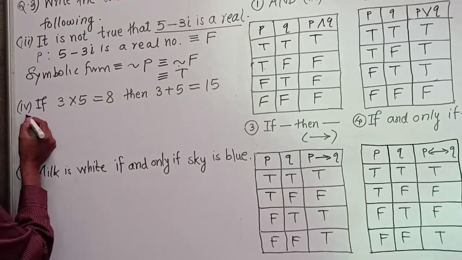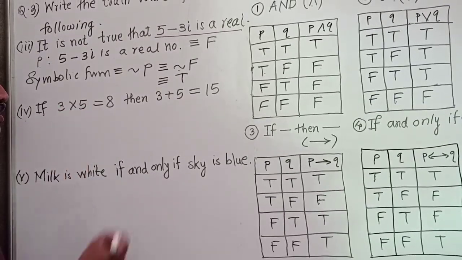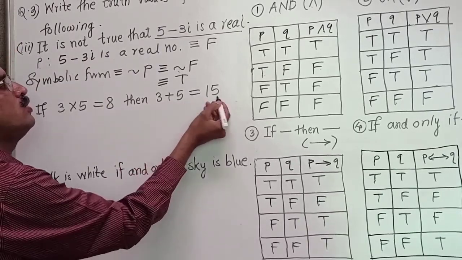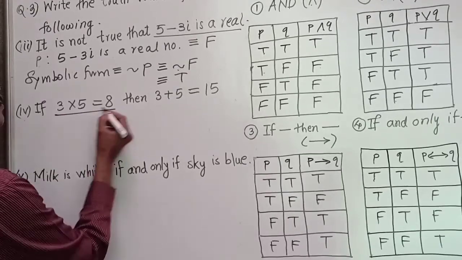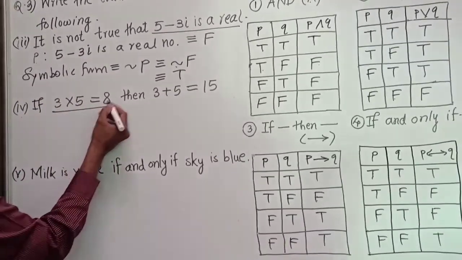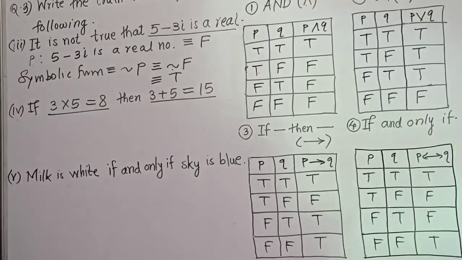The next example is example number 4. If 3 into 5 is equal to 8, then 3 plus 5 is equal to 15. Here the two simple statements are: 3 into 5 is equal to 8, and the second simple statement is 3 plus 5 is equal to 15.